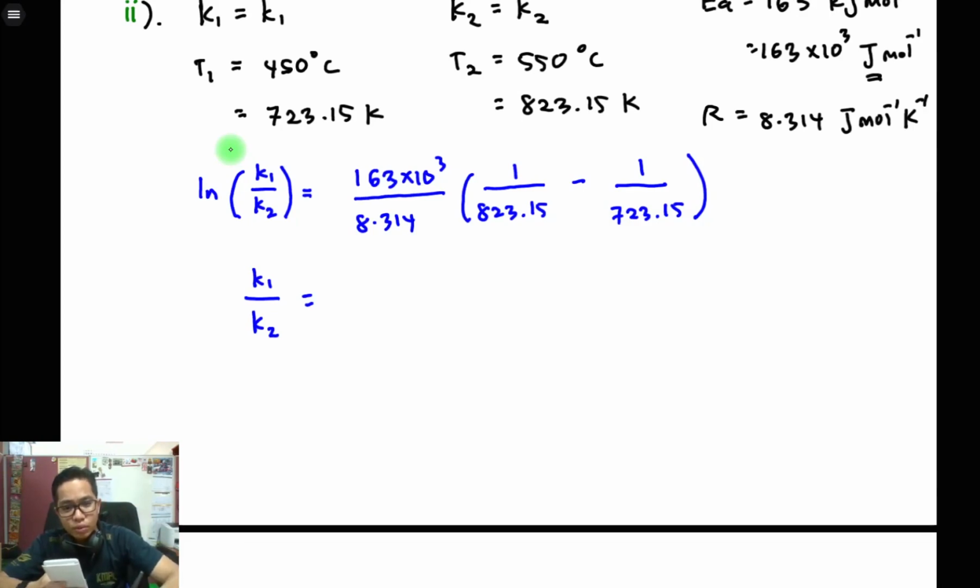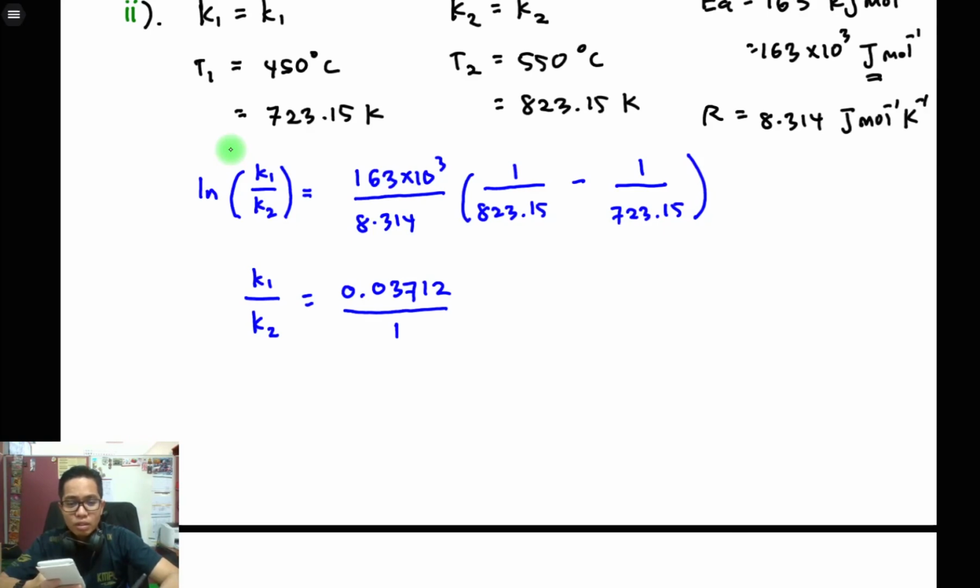So just now for this part you get 0.03712. So this one is the ratio between K1 and K2. So basically 0.03712 divided by 1. Okay, right.